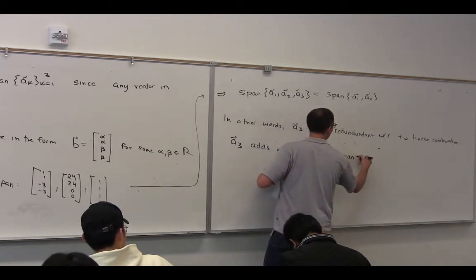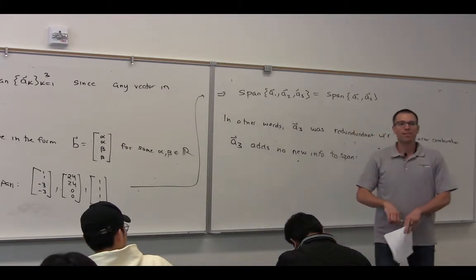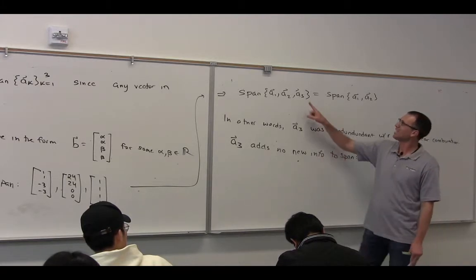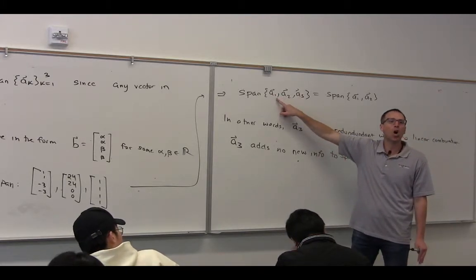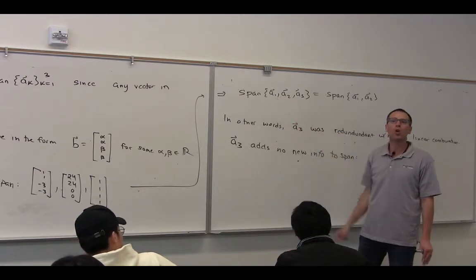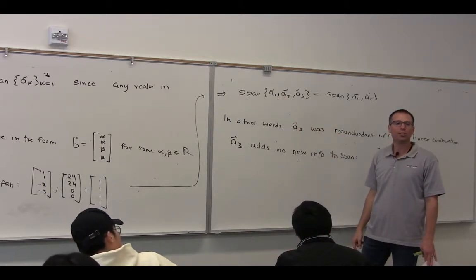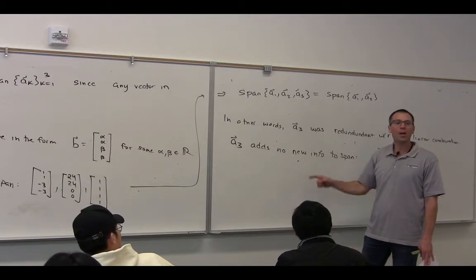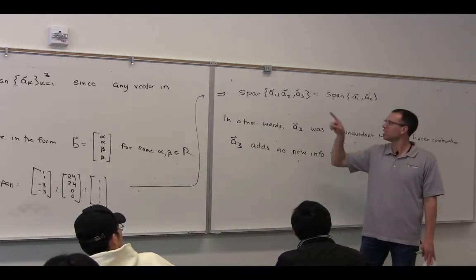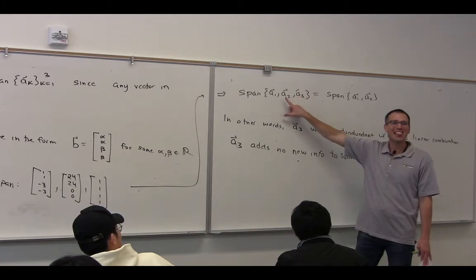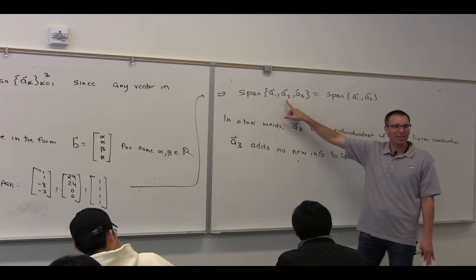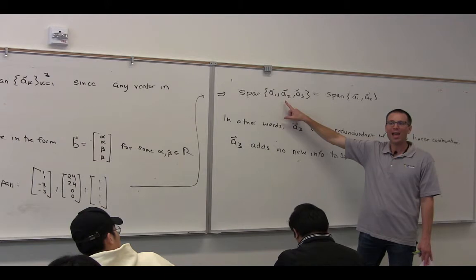Do you know what we call that? Is A3 independent from or dependent on A1 and A2 with respect to linear combinations? Yeah. So then we say, using an adjective, A3 is linearly dependent on A1 and A2.